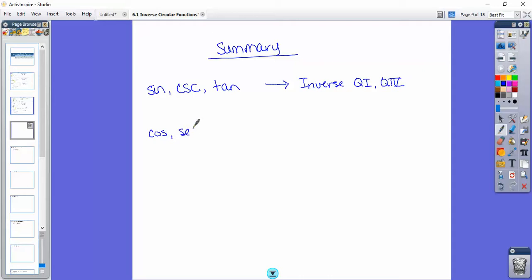If you have cosine, secant, or cotangent, the inverse has to be in quadrant 1 or 2. So the very first step I'm going to do on every problem today is ask what quadrant we have to be in. And it comes down to this. So sine, cosecant, tangent, 1 and 4. Cosine, secant, cotangent, 1 and 2.